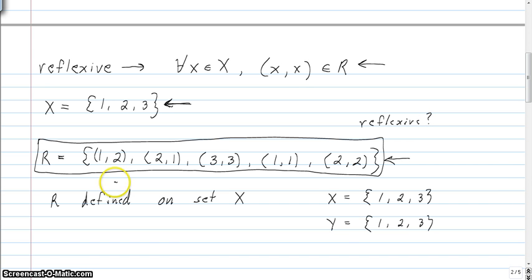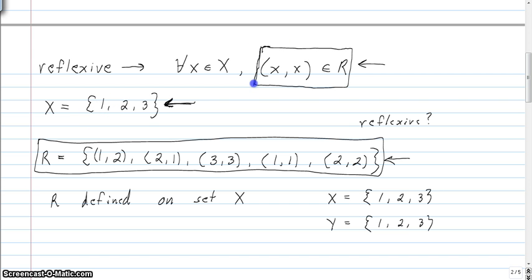And so when we're already given the elements of the relation, we can simply do this by inspection. And so what we're looking for is, are all of the elements in our set X, which is here, right? Do we have every element in this set X related to itself, right?